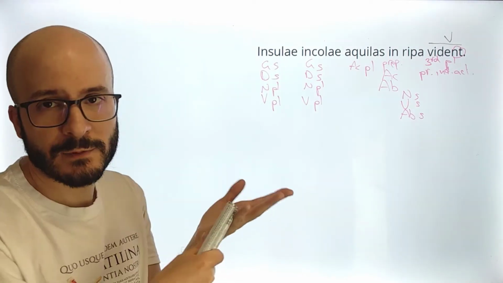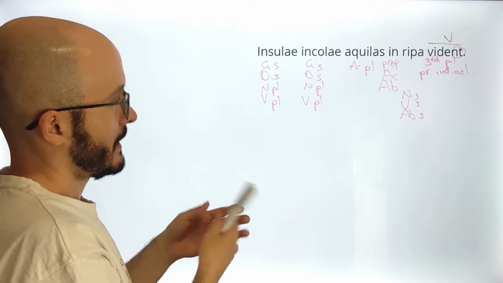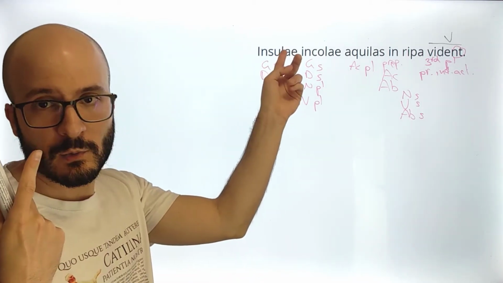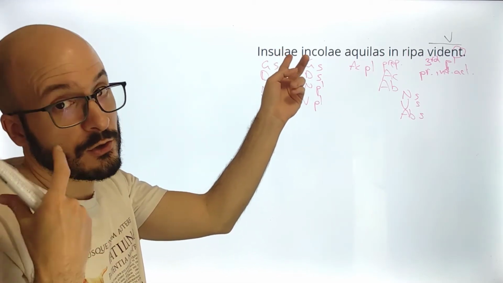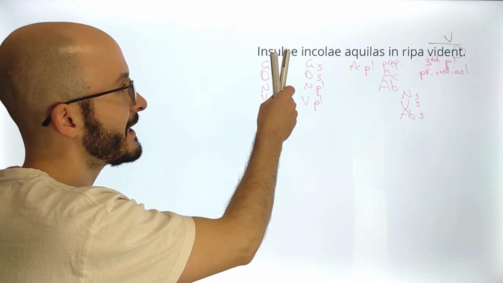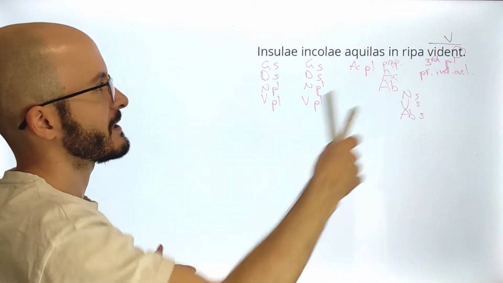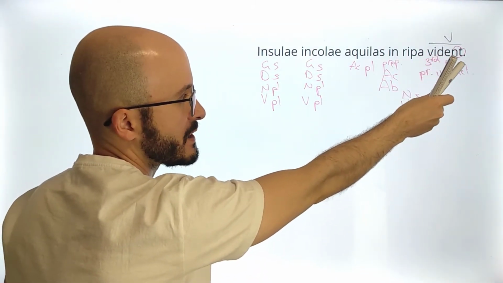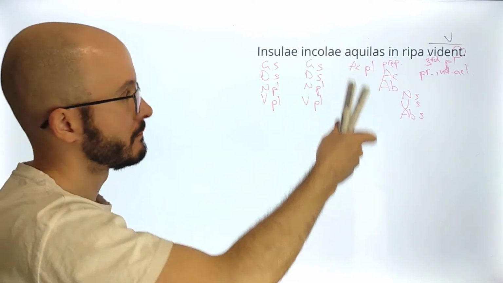First, subject. Who sees things? We said usually the subject is the first word, but let's see if that makes sense, because it's not always the case. The islands see. Doesn't make so much sense. Since the verb is plural, we need a subject, a nominative, which is plural.